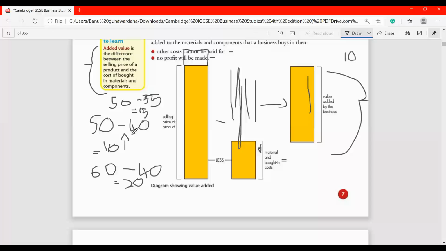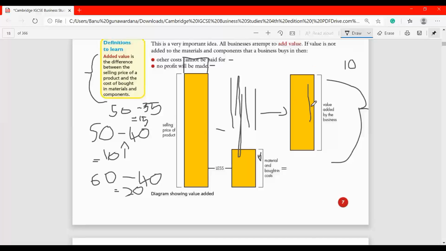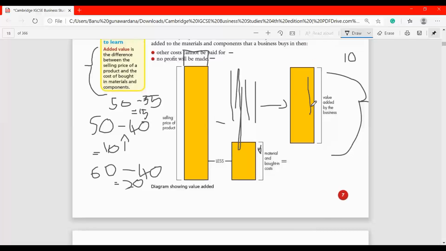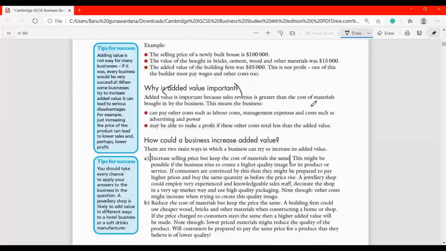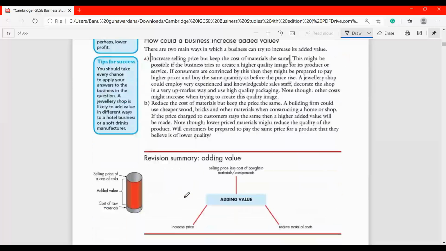Previously it was 10 and now it is 15. So here the difference between the selling price of the product and the bought-in material costs is increasing, which means the added value is increasing. This is the second way we can increase the added value, as shown over here.